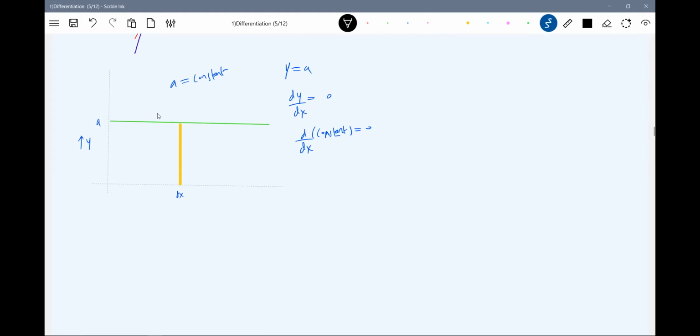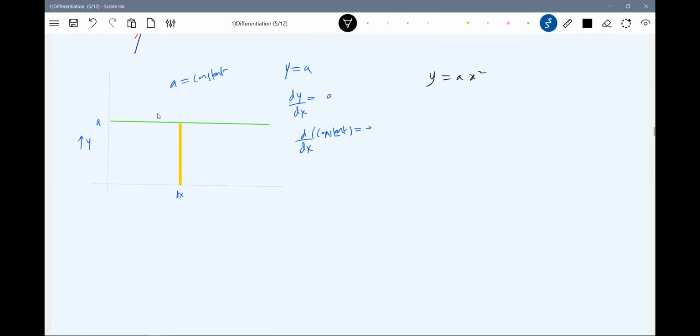Okay, sir, let's do one thing. If I have some function like 3x squared, or let y equal to a of f of x. f of x is some function. What is the derivative of this? Then how to manage this one?